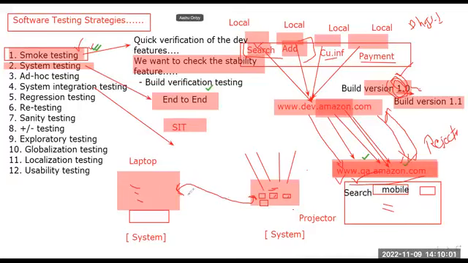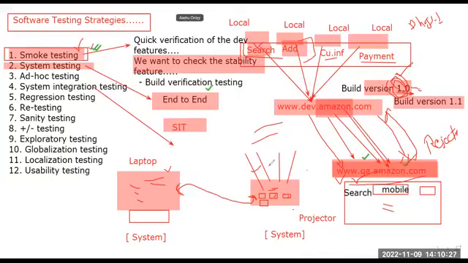So here is nothing but system integration testing. It means we have to integrate two different systems and check whether the communication is stable between these two different systems or not. That is system integration testing. Let's say that through the laptop you're displaying something but it's not coming here.